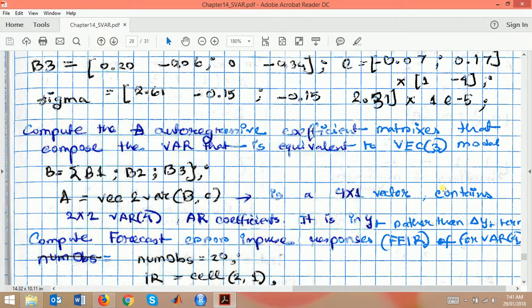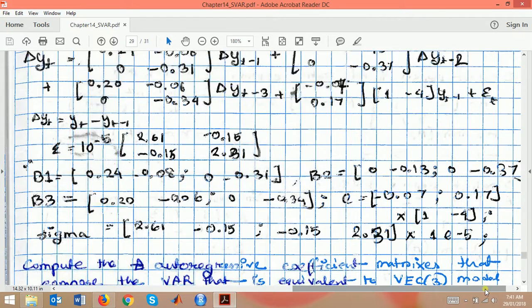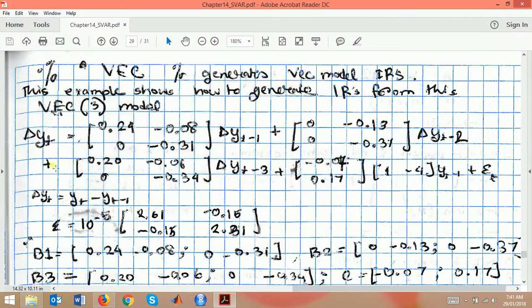Compute the autoregressive coefficients that compose the VAR that is equivalent to the VEC3 model. This is a VEC3 model, right? Delta yt model, impulse responses, vector error correction.